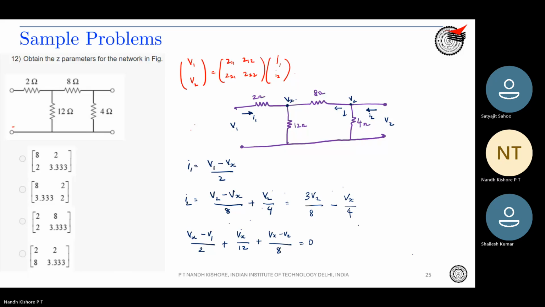So this is basically a 3-variable system, right? That is, you have V1, V2, and Vx. So we just need to solve over here. You solve it and you get the expressions for V1 and V2 in terms of I1 and I2.